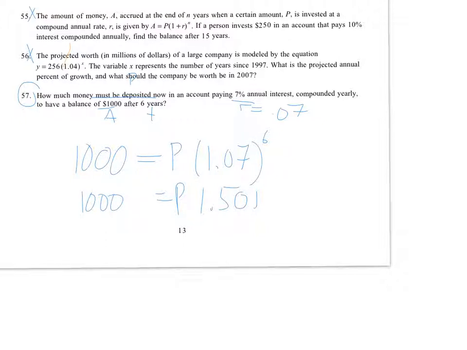If I divide 1,000 by 1.501, we end up getting, ooh, that's fun, I ended up with something that wasn't what I typed in. There we go. You end up with P is equal to $666.22.